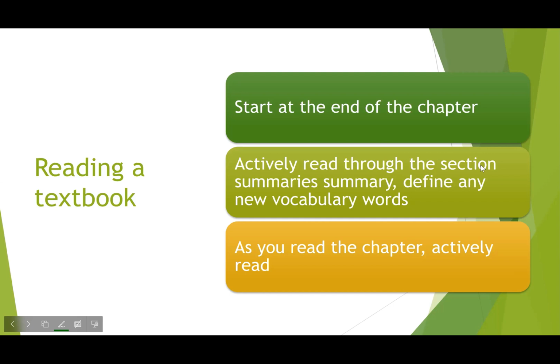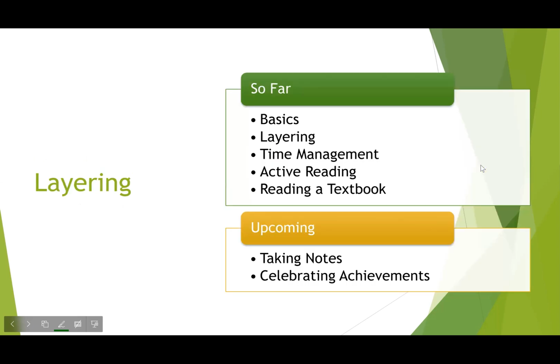So you start at the end of the chapter, read the summaries, read the questions, go through the vocab, and then actively read through that section of the chapter. And you will find so much more is understood. It takes less work to get up that hill of understanding.